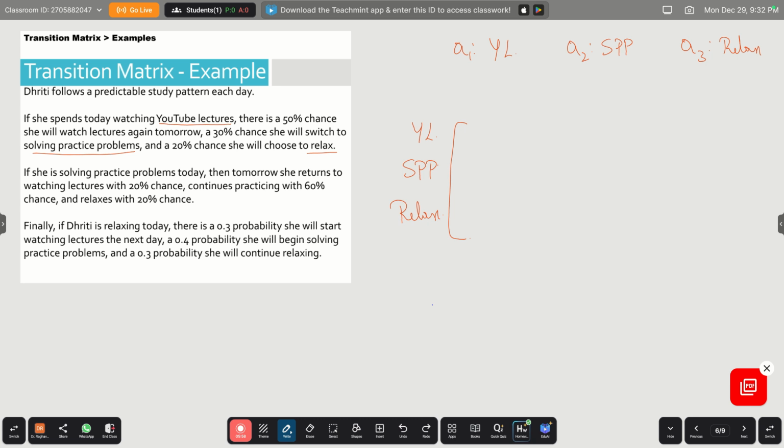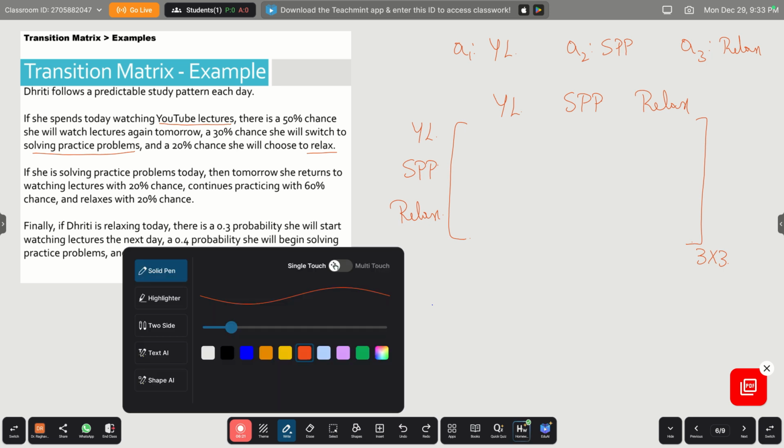And what's going to happen tomorrow? What is the probability that she will watch the YouTube lectures again? What is the probability that she will solve the practice problems? And what is the probability that she is going to relax? Since three states are there, this is going to be a 3 cross 3 matrix.